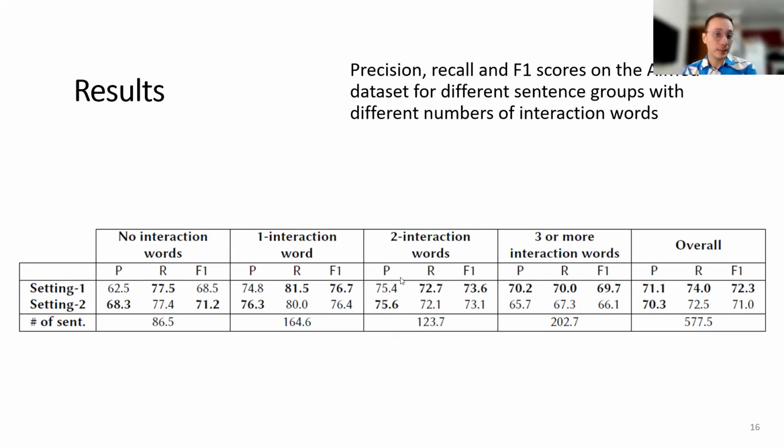So I think the model gets a little bit confused if there are more than 3 interaction words. The reason for this might be that there are too many interaction words in the sentence, and very few of them actually indicate the interaction for a protein pair.